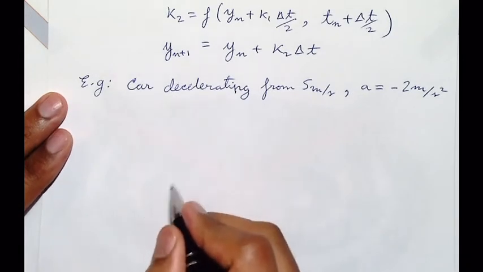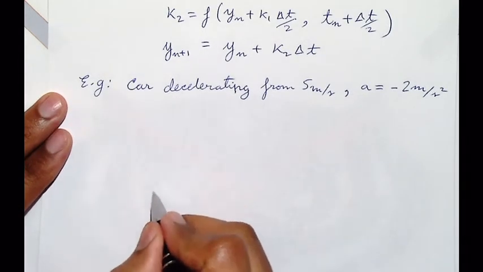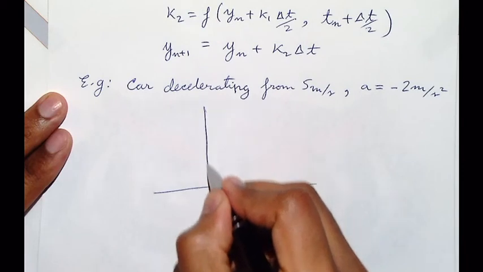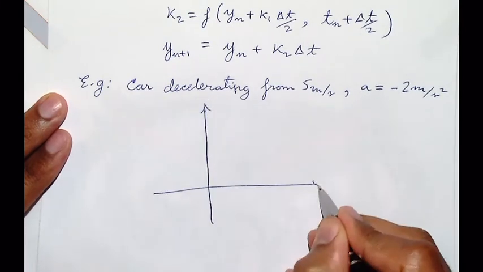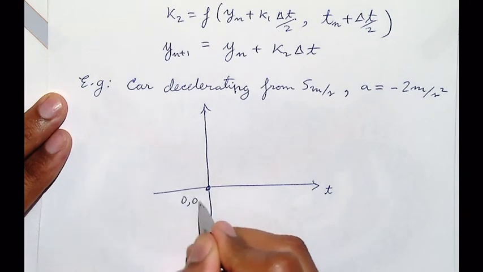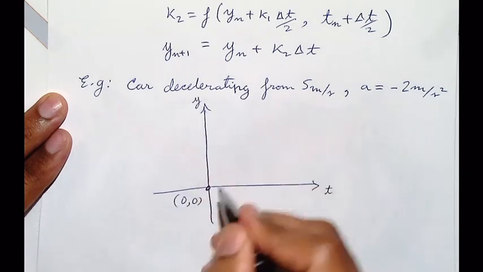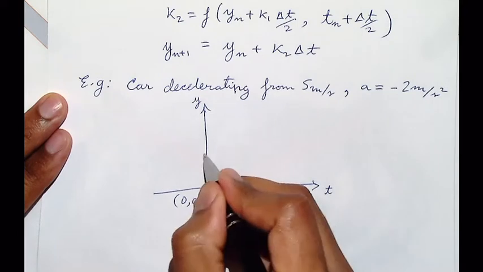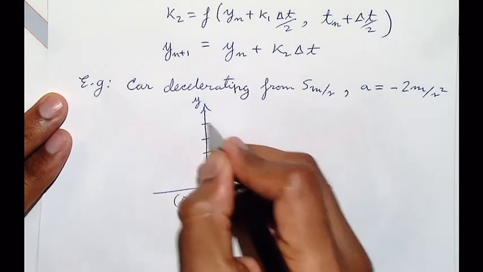And if we draw the path of this car, let's say at time equals 0, we start at y equals 0.